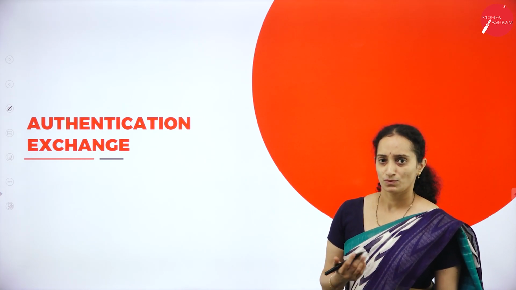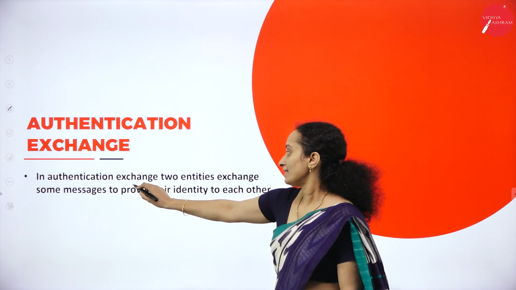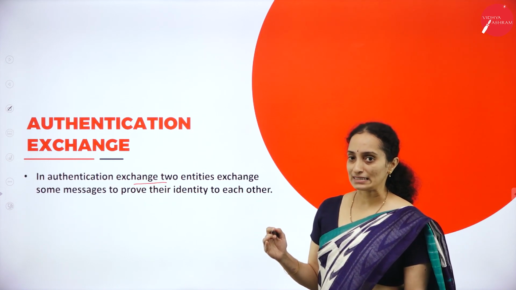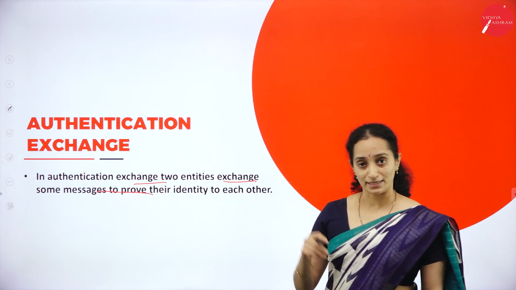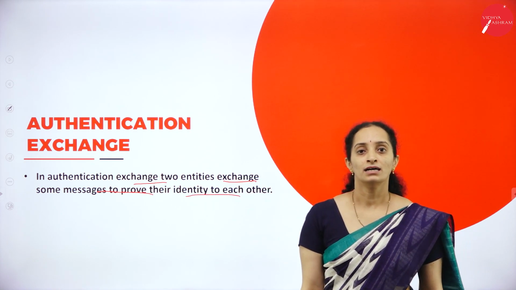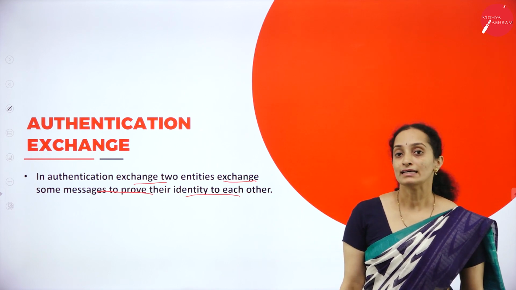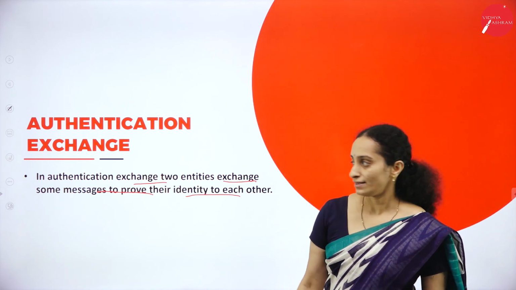Next comes the authentication exchange. What does the authentication exchange mechanism do? In authentication exchange, two entities, the sender and the receiver, will exchange some messages to identify the sender as well as the receiver, for checking the authentication.